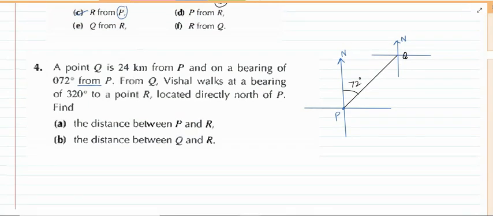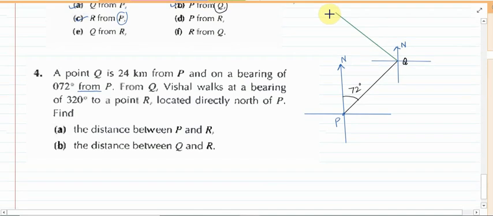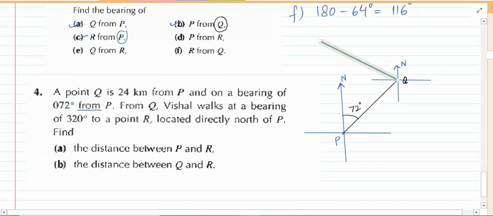Okay. So now I need to make a line with the green pen. This one. Right? And this line is straight above the point Q. It says north of point Q, and this point here is my point R. Right? The bearing angle I know is 320.